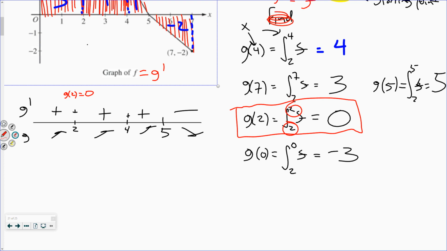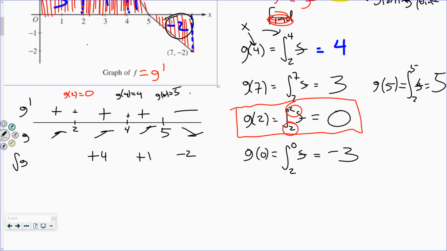Now look at your areas a little bit differently. Oh, from 2 to 4, I had an area of 4. Oh, add 4, I get g of 4. From 4 to 5, I have an area of 1. Oh, g of 5 is 5. From 5 to 7, my area was -2. Oh, these are the areas under g prime.